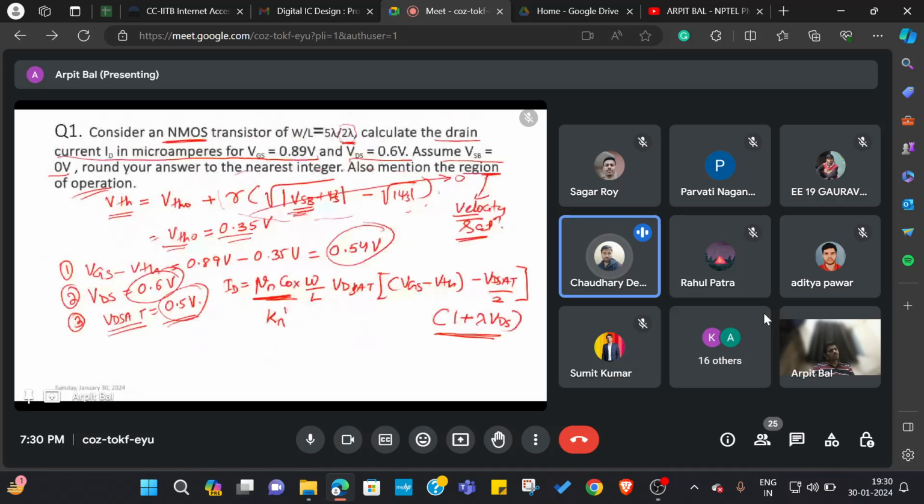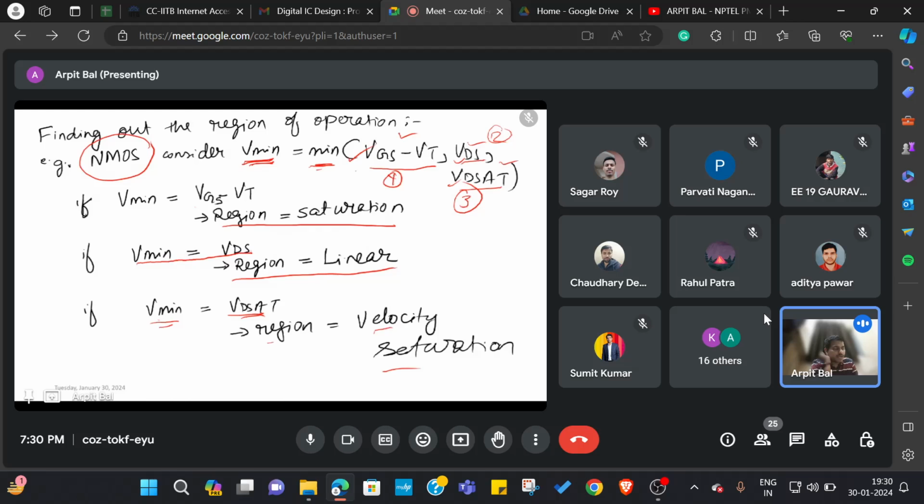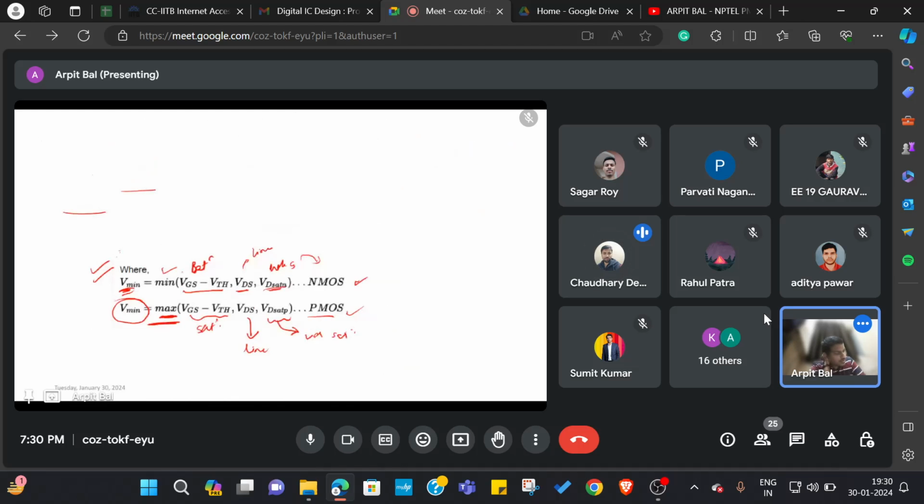So my doubt is that voltage and velocity are different units. Can they be compared? Which slide?